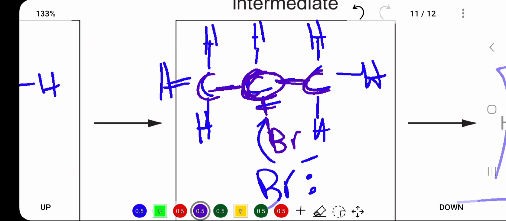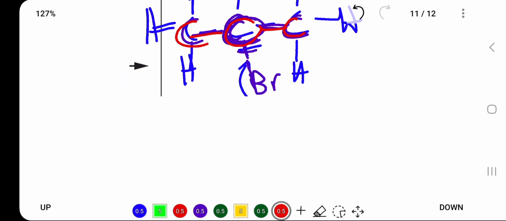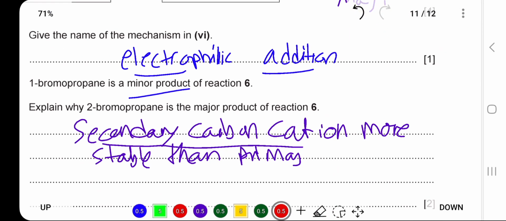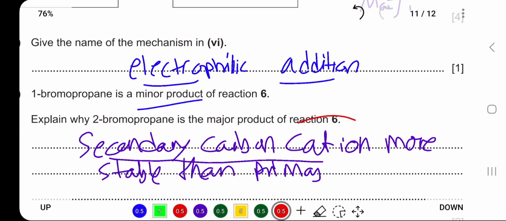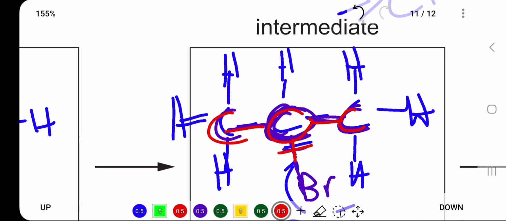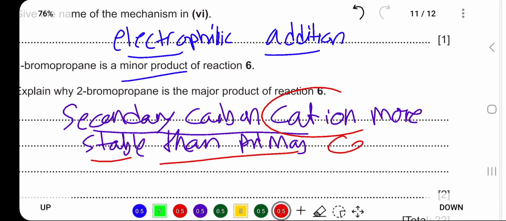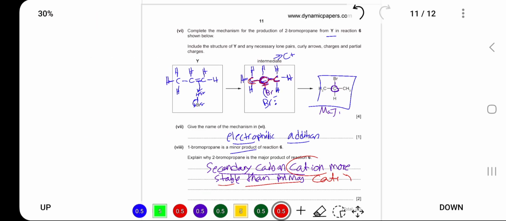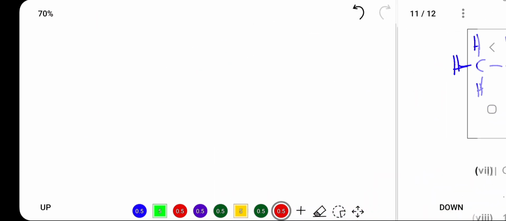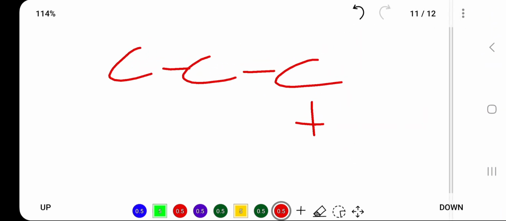When a halogen is bonded to a carbon and this carbon is bonded to one carbon and another carbon, it is called a secondary carbon. And why do we say cation? Because it is getting the charge. Okay, all right. And now, more stable than primary cation means, instead, this.